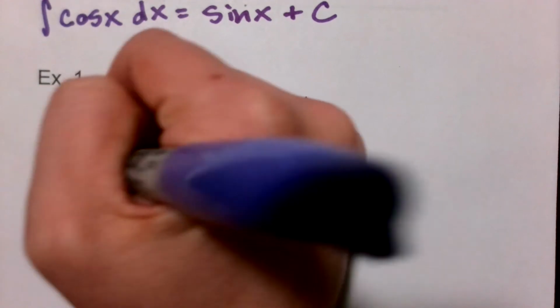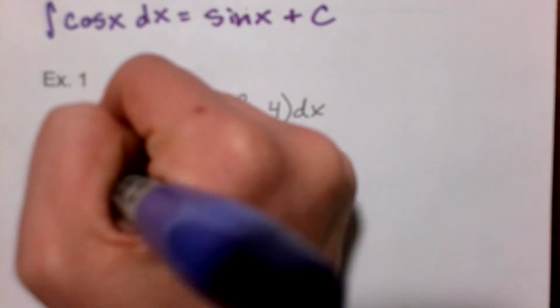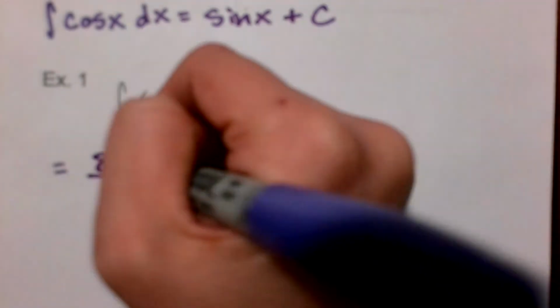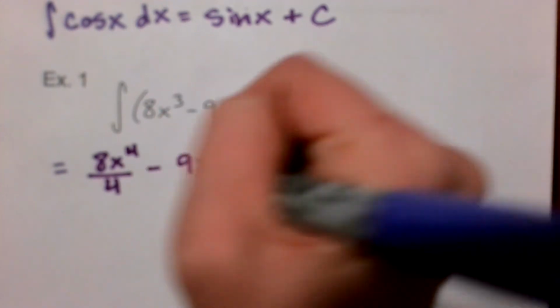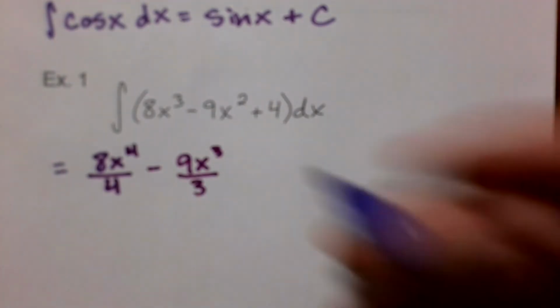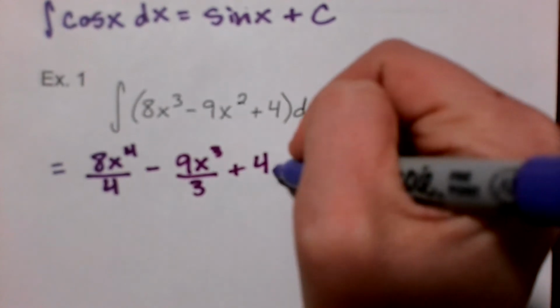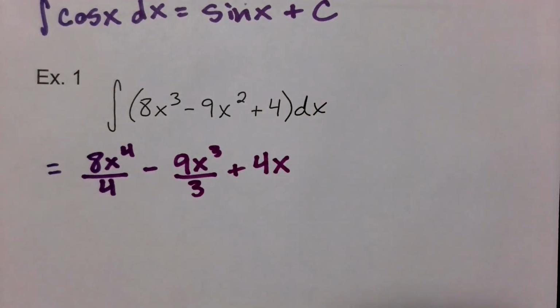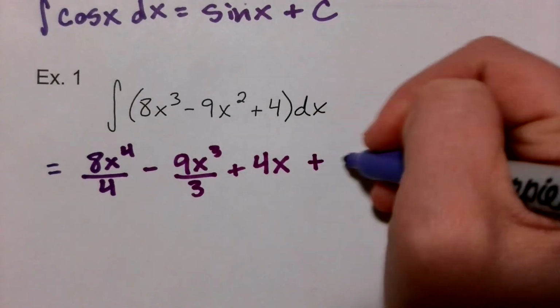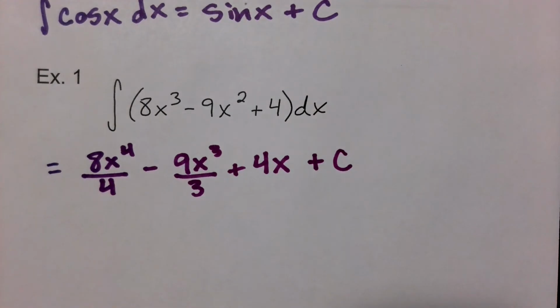So we will have an 8x to the 4th divided by 4 minus our 9x cubed divided by 3 plus our 4 gets raised to a power, so now it has an x, and then we always will have our plus a constant.